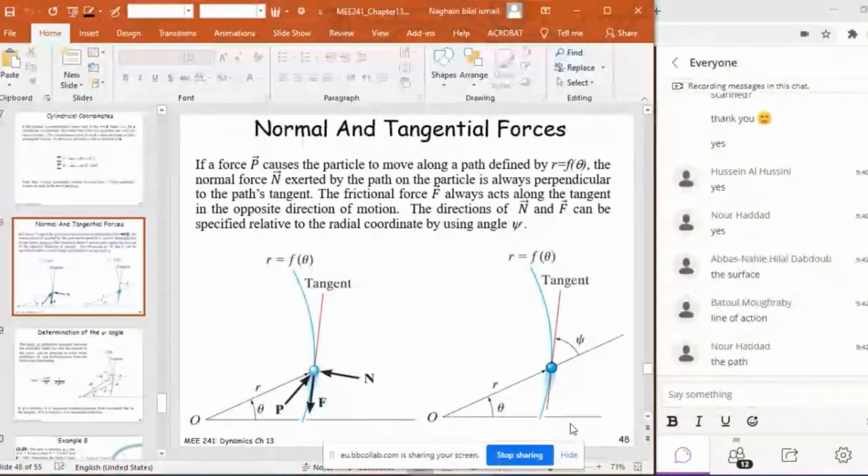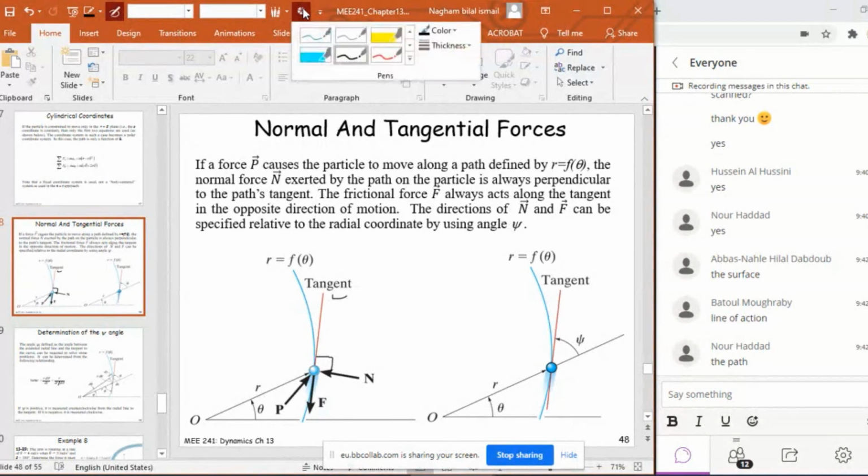Now, what if this support is a curved path? So if this support is curved, then what I should do is to draw the tangent like this one. This is the tangent at this point on this curved support. And in this case, the normal force will always be perpendicular to this tangent. All right, guys?